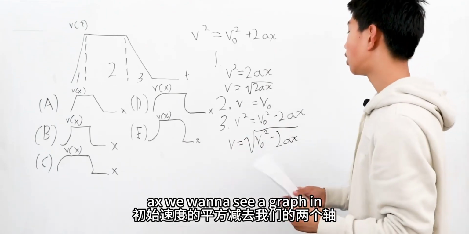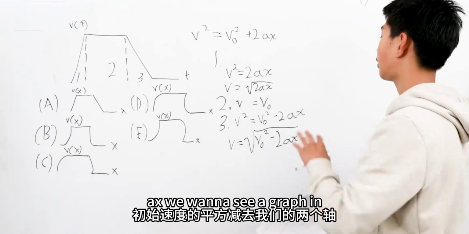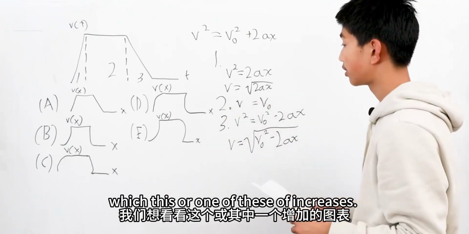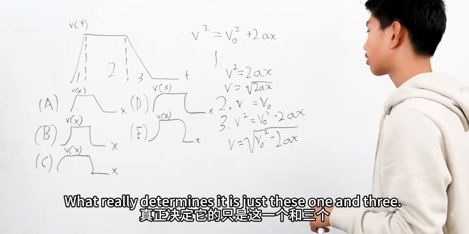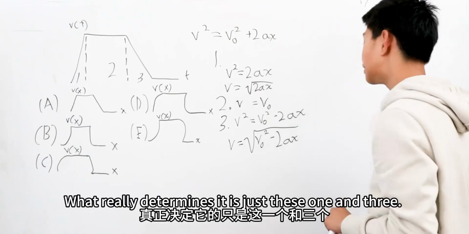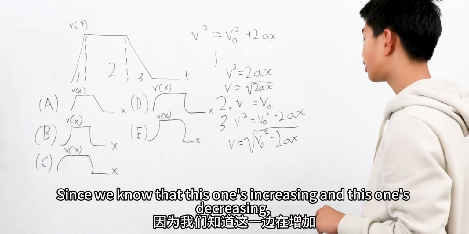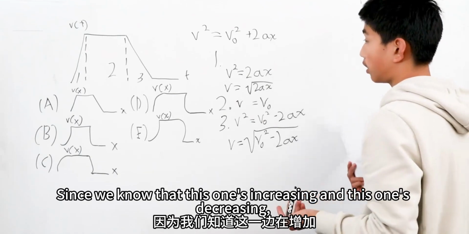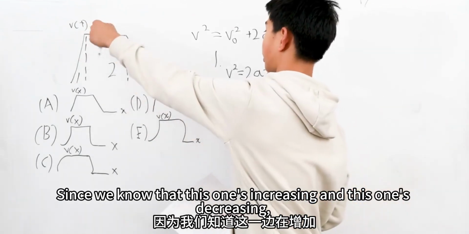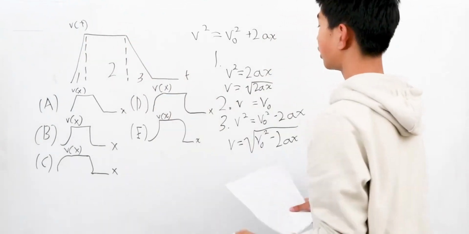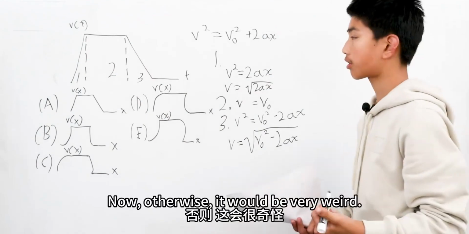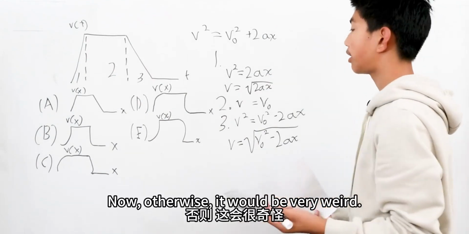And we want to see a graph in which one of these increases. Well, what really determines it is just parts 1 and 3. Since this one's increasing and this one's decreasing, we know that these 2 sides have to be matching. Otherwise, it would be very weird.